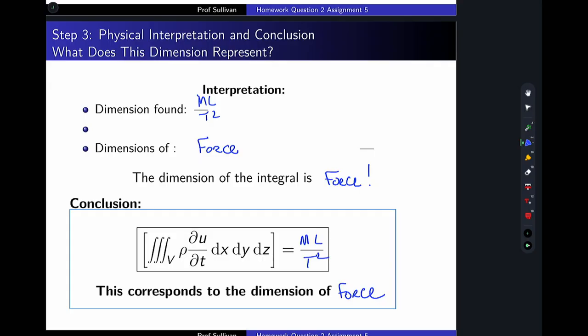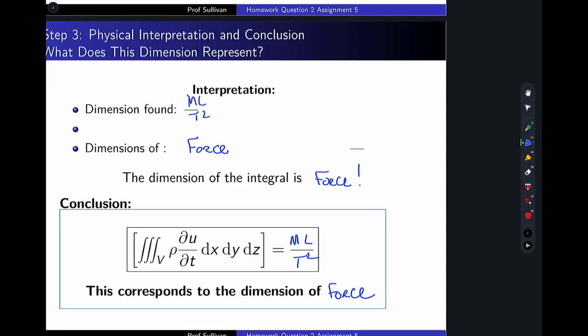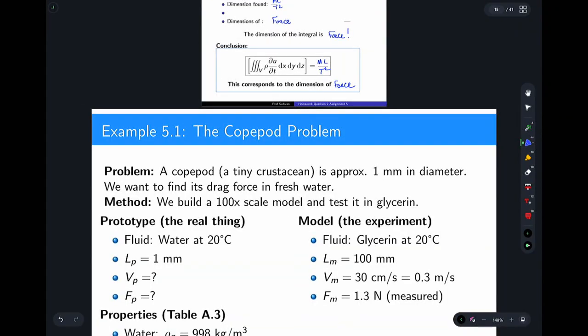If I do it in SI, I can immediately tell you it's kilogram meters per second squared, or newtons. So it's a force. You don't want to limit yourself to a unit system. You can check afterwards and say, does this make sense? And SI is much, much better for that. But if you're really bored, you can put all sorts of units in there. Oh, I see.